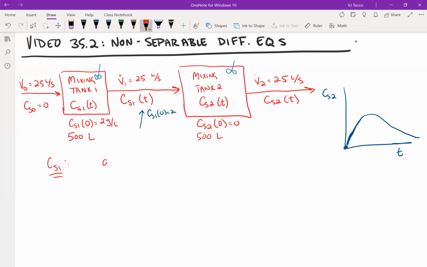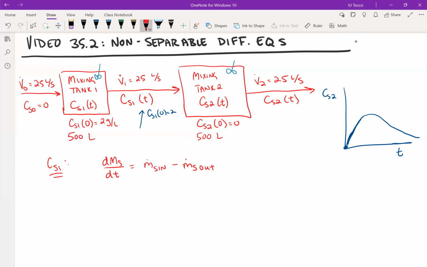We'll start by doing a mass balance. The change of mass of salt in the tank with respect to time is MS in minus MS out. I want to express the mass in terms of a volume times a concentration.